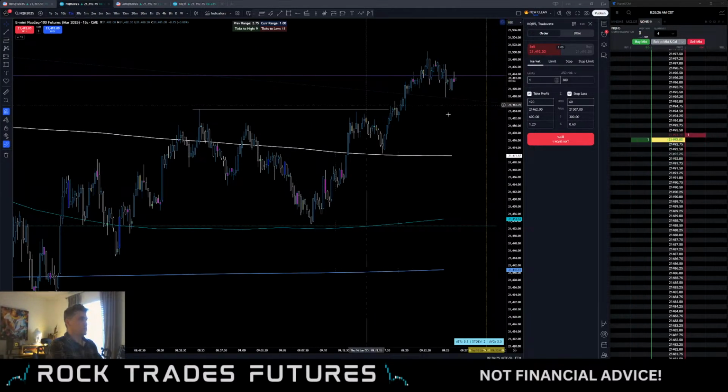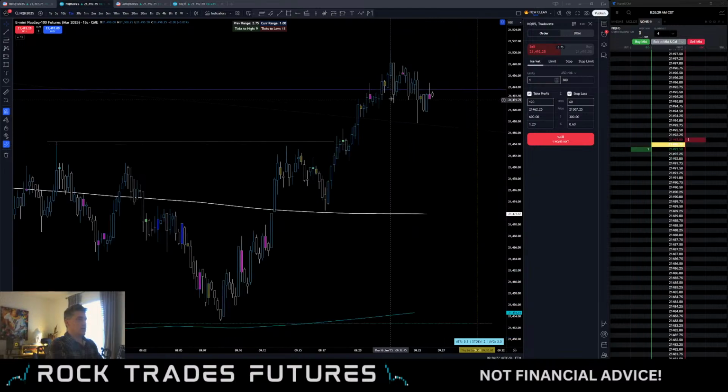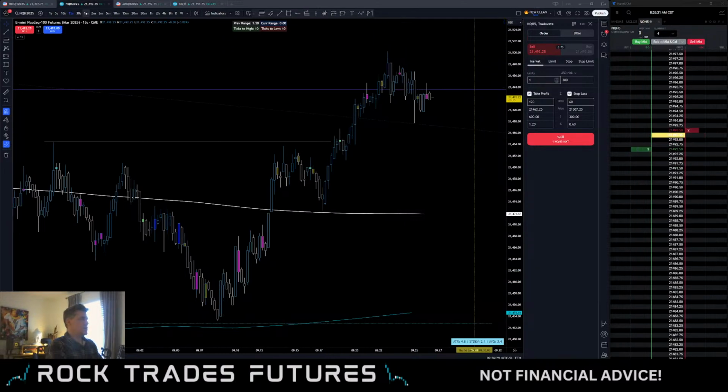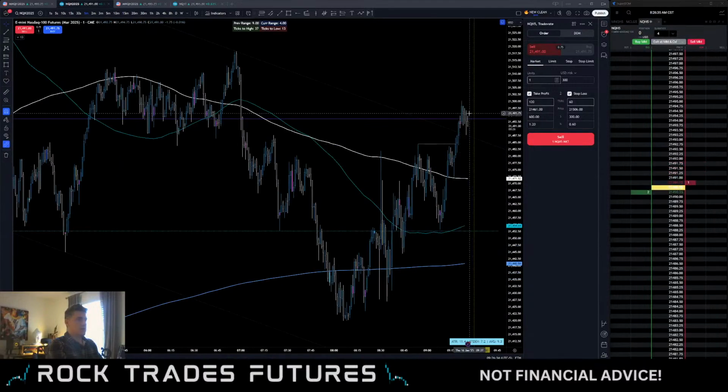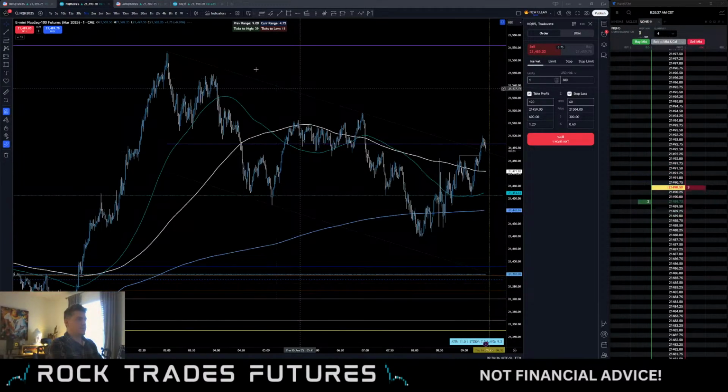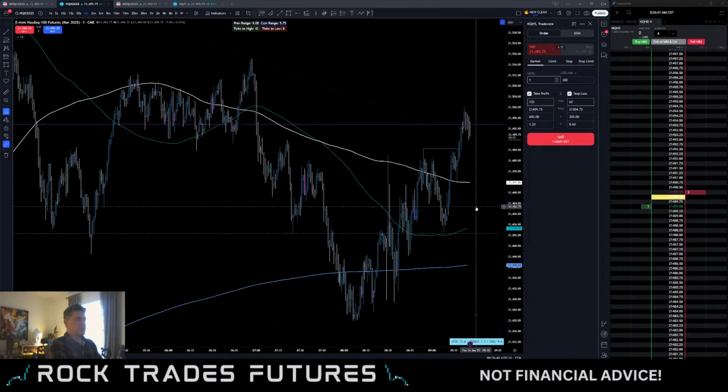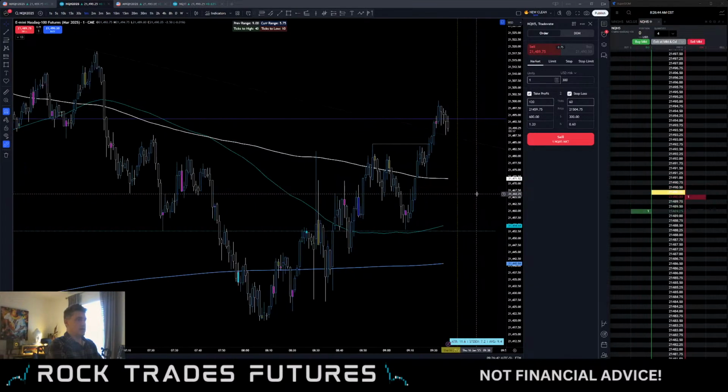Low risk pre-open trigger. I'm just not too keen on taking that trade anymore because we're right at this 50 level here, and price could go either way. I need a much cleaner trigger.